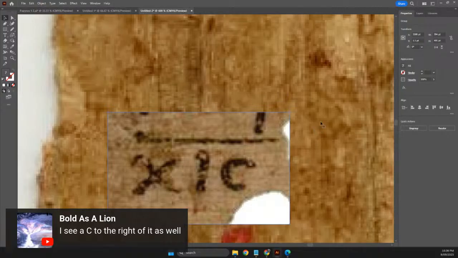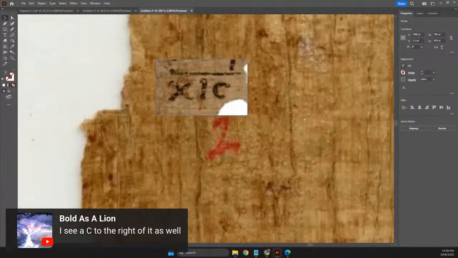And so maybe you're thinking around here or somewhere, because that's what I thought at first. Maybe it is part of a word, but then I couldn't really make out anything before and after it.